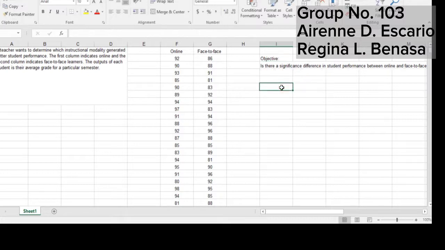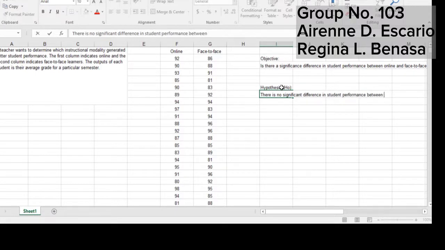Our null hypothesis is there is no significant difference in student performance between online and face-to-face instructional medium.